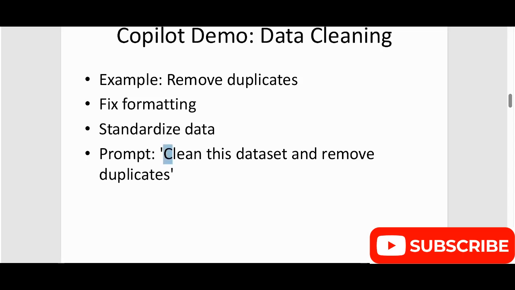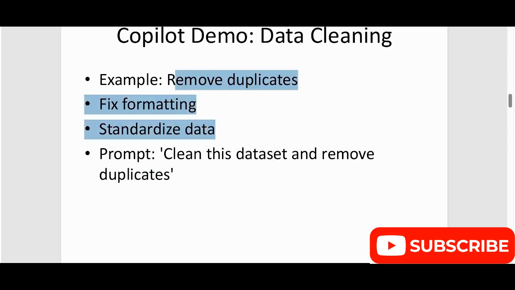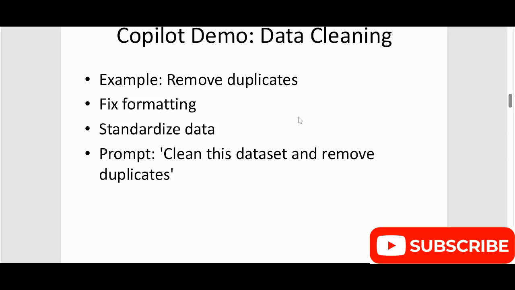You can use this prompt and the Copilot will generate the result. It will remove the duplicates, fix the format, and standardize the data. So in this way you can use the data cleaning method in Copilot. I will show one demo also in the end that will help you understand it more easily.